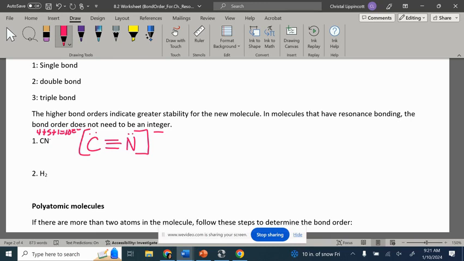This is a polyatomic ion. It's called cyanide. Some of you might have had cyanide for your Poisoner's Handbook option studied. That is due today. What is my bond order for this?